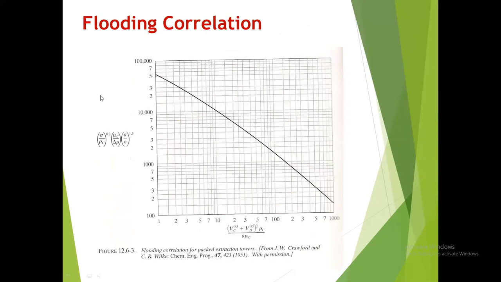You need to determine this: the sigma over rho c raised to 0.2, the mu c over delta rho, the a over epsilon raised to 1.5. Okay, so please take a screenshot of this formula so we can go back to our Jamboard.